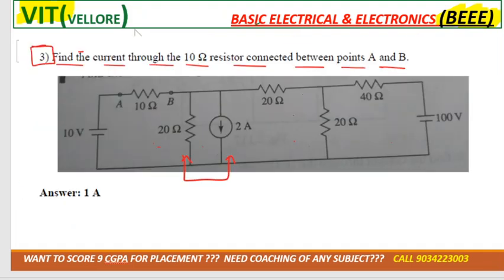Now see, this current source is also connected in parallel with the resistance, right? So we can convert it into a voltage source. Now you convert and redraw the diagram.